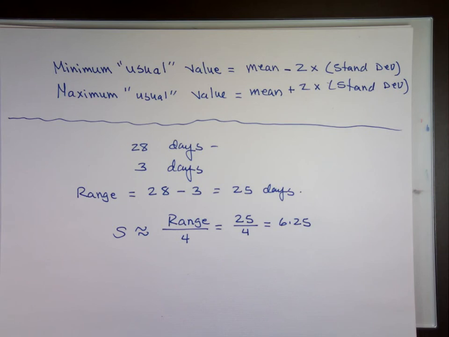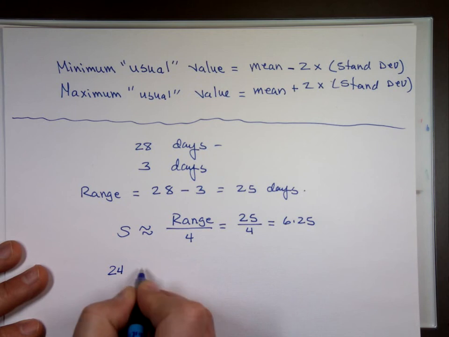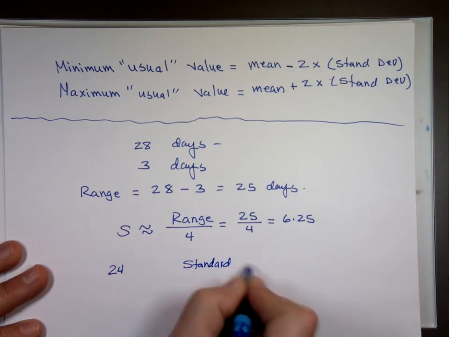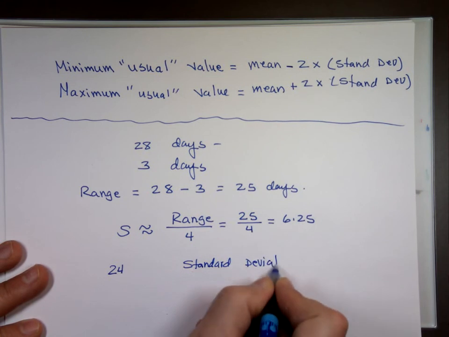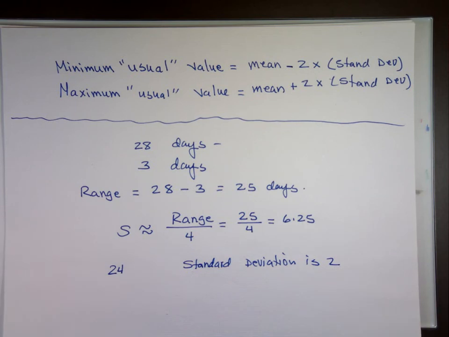So when you go and buy a bag of chips, it should weigh this much, or a sleeve of cookies should have that many cookies in it. Let's assume, for example, it's supposed to have 24 cookies, that's the average, and the standard deviation is 2. This is the mean.